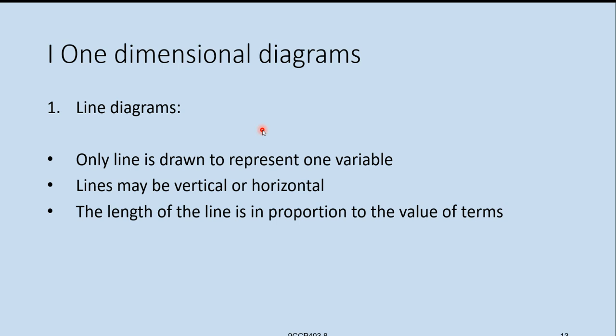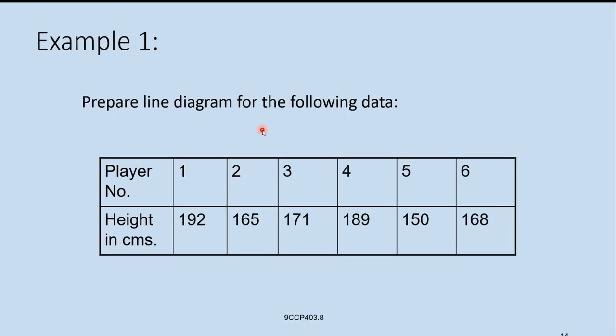And if a student has scored 100 marks, then obviously the comparing line should be double so that the user can understand very easily. So these are some of the things which we have to remember when we are drawing one-dimensional diagrams. Next, we will see some examples regarding this.